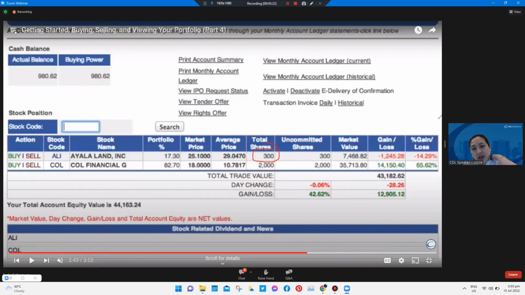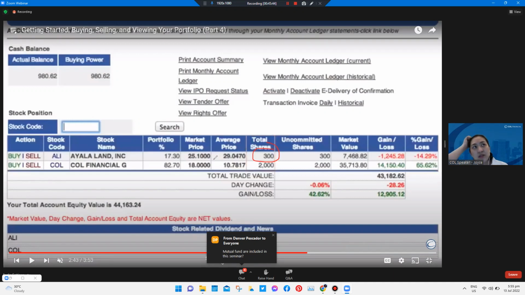Now, usually, look at the average price. The average price here is already for 300 shares, when we were just trying to buy 100 a while ago. But the average price of your stock is actually not 25.10 or 25.15 as when you bought it.